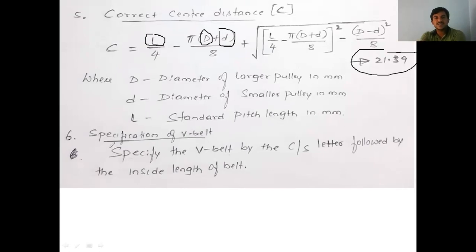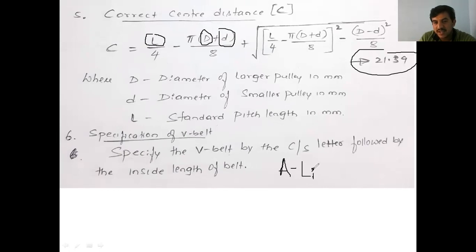After that, the last step is the specification of the V belt. Suppose you want to purchase a V belt, they will ask for the specification. How do you specify it here? Always specify the letter for the cross section of the belt: A, B, C, D. After that, the nominal inside length of the belt.